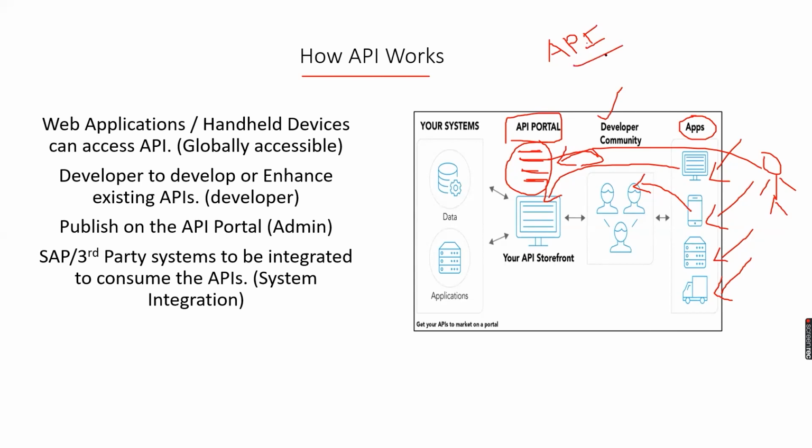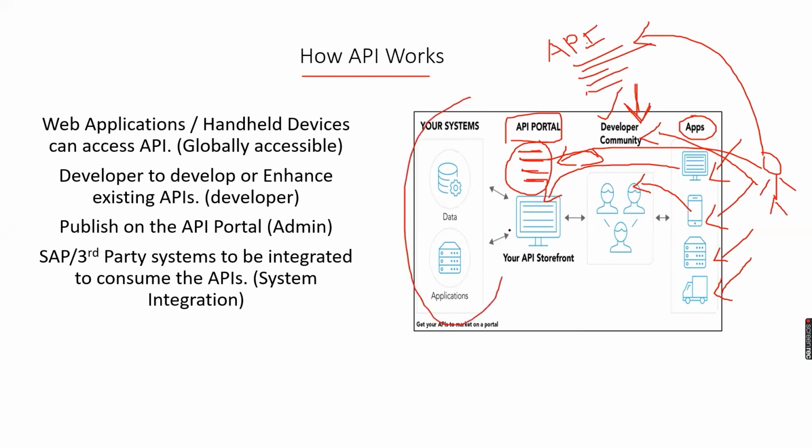Now, all the APIs will be available in the API portal. You can create APIs and everything on the API portal. Now, you can't directly fetch or use any API in the API portal. What you have to do is publish the APIs in the developer portal. You can just publish the same API in the developer portal. Now, this user can access from the developer portal, not from the API portal.